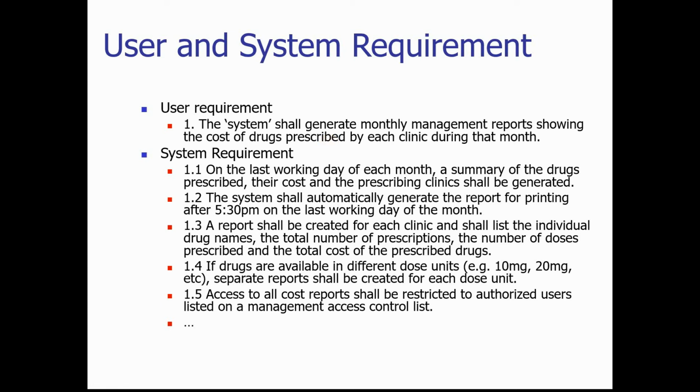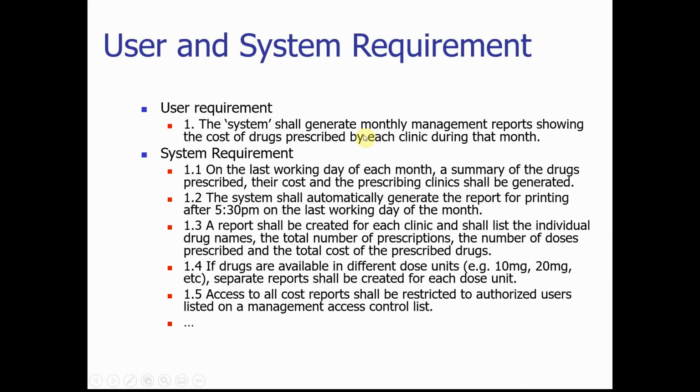For example, the monthly report: when should we generate it? Is it the last day of the month or the first day of the month? The timing is not clear here. And also showing the cost of a drug, but should we just show the cost of a drug, or should other information be included in the report?